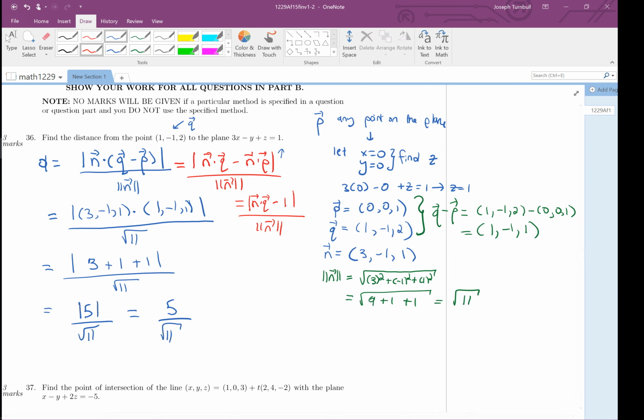Where this 1 here comes from that one that's there. So if the right-hand side was something else, if it was 3, there'd be a 3 there. That's what will always happen when you take the dot product of a point P that's on this plane with the normal vector of the plane, you will get the right-hand side.